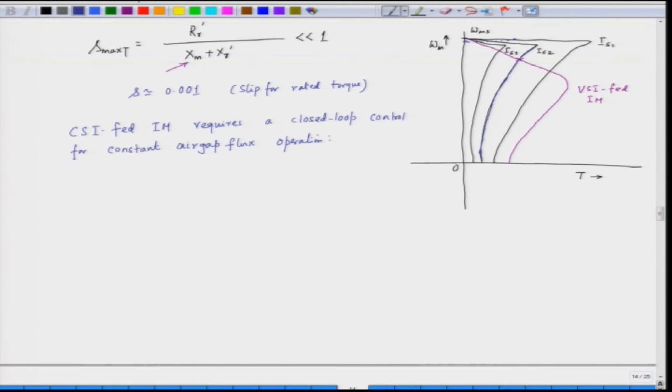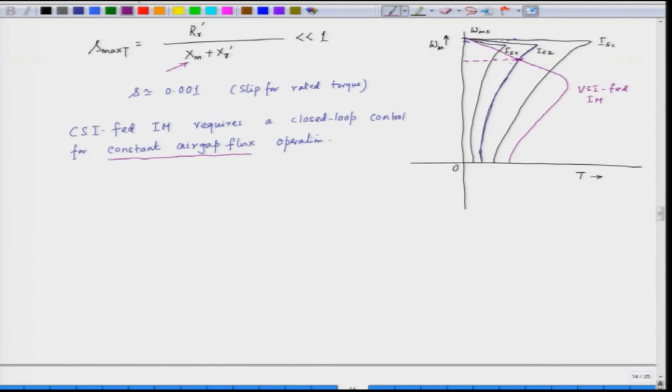So, we have to keep in mind that we are operating at constant air gap flux. So, if you want to have constant air gap flux, we have to operate somewhere here, and this requires a closed loop feedback because the CSI is operating in the unstable region.